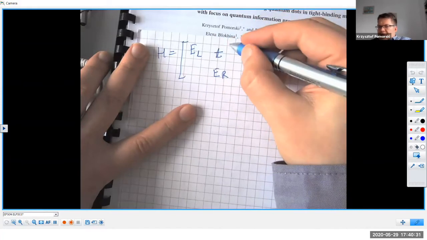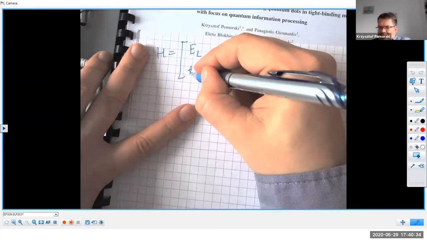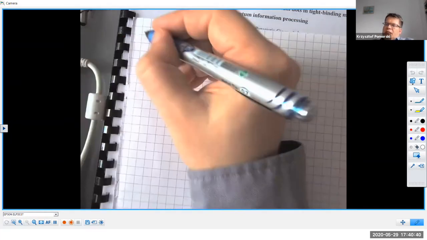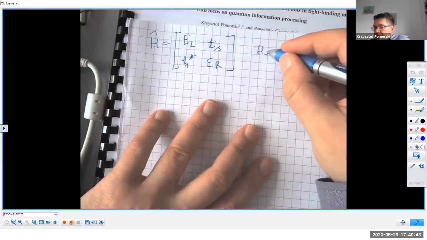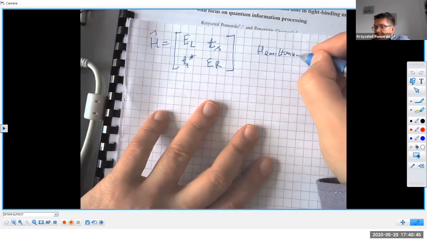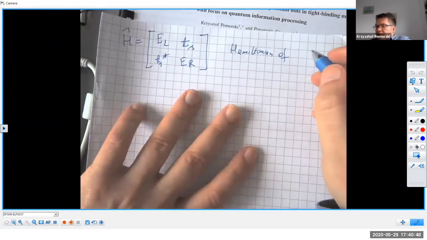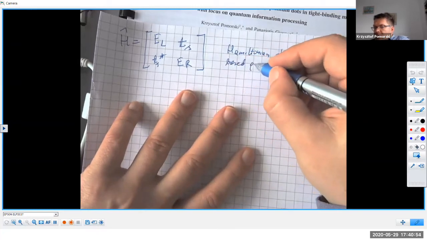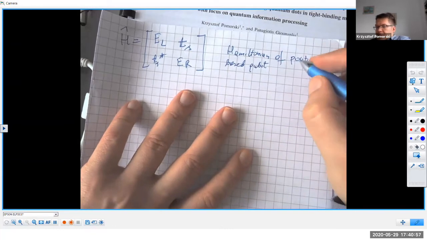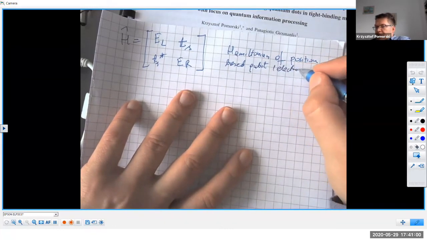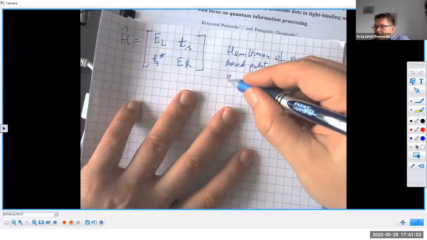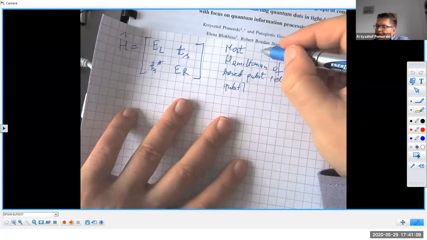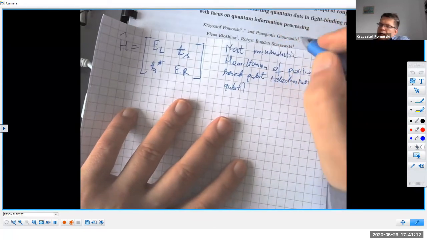And there is tunneling TS, complex value. Say, this is the Hamiltonian of position-based qubits, or electrostatic qubits. This is maybe the most minimalistic of position-based qubits.